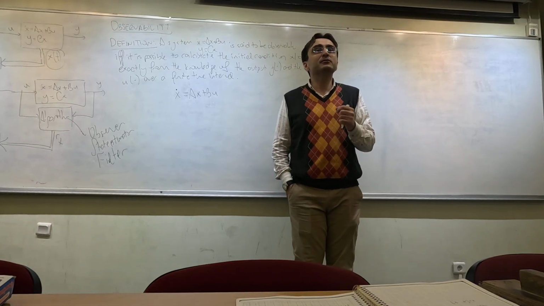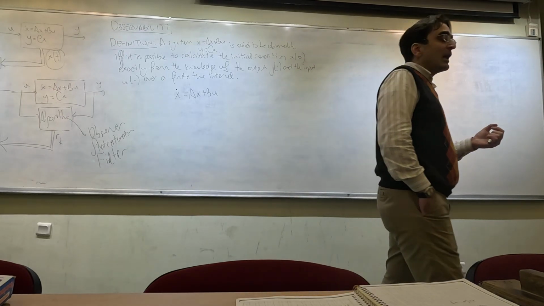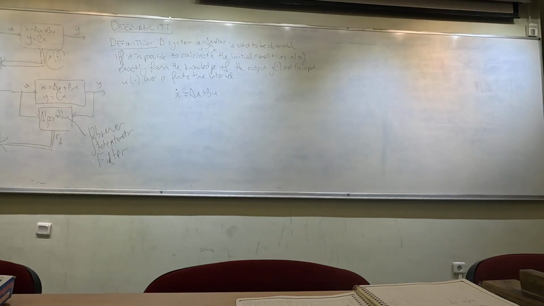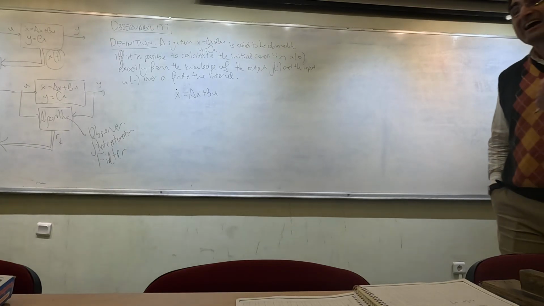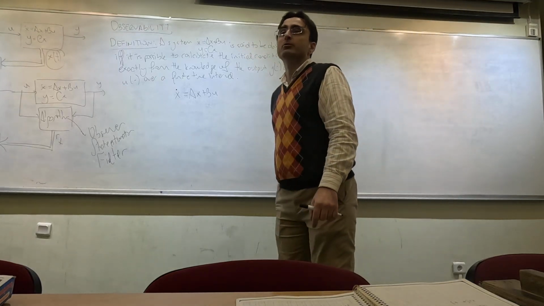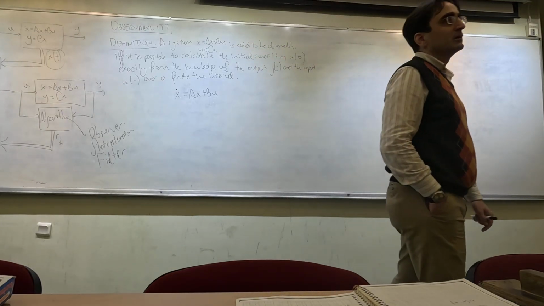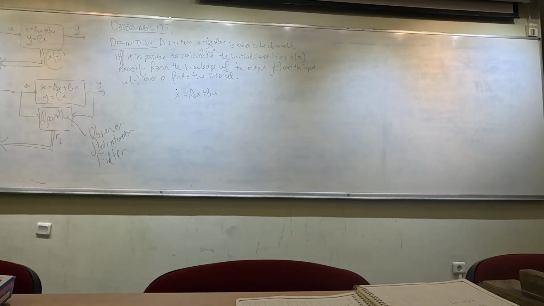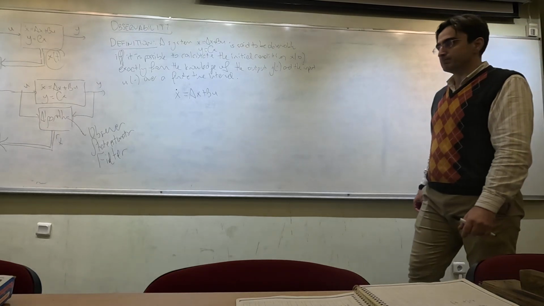So that is why observability is defined as the ability of us to calculate the initial condition of the system exactly from the knowledge of the input and the output of the system. That is the meaning of this definition.